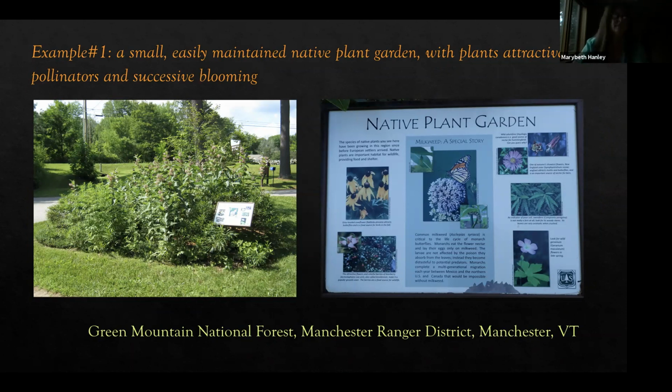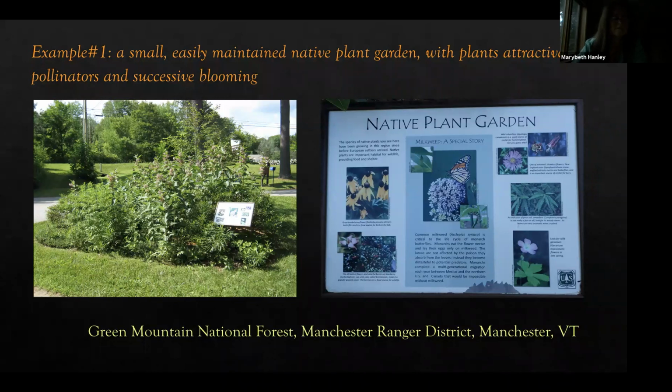Right now we have some wild columbine and some wild geranium blooming, and then those will stop, and then the milkweeds will bloom, and then the New England aster and the goldenrods will bloom. And so this is something that, if you had an open space around your house, would be very easy to design.